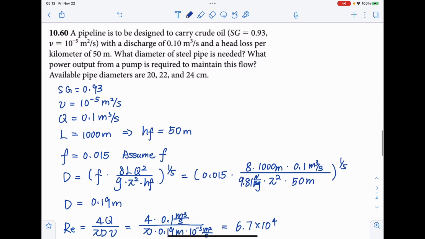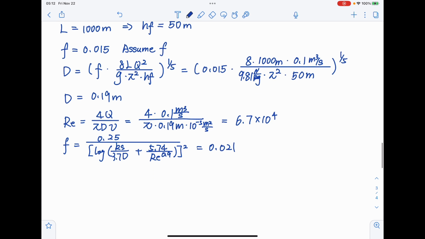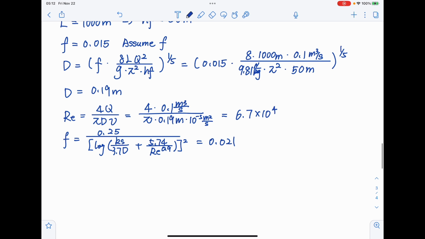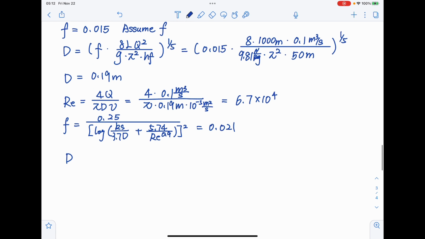The next step, we're gonna keep repeating the process. So now we're gonna do the calculation of D again.